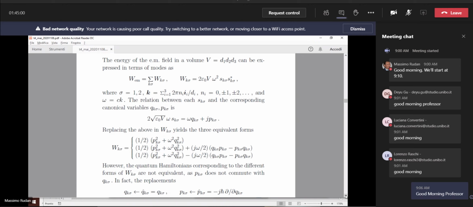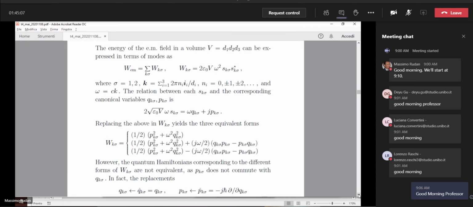So actually, the index of the K vector is a triple infinity of integer indices, okay? The other index, that is σ, is either 1 or 2 and corresponds to the two different independent polarizations of the electromagnetic field, okay?